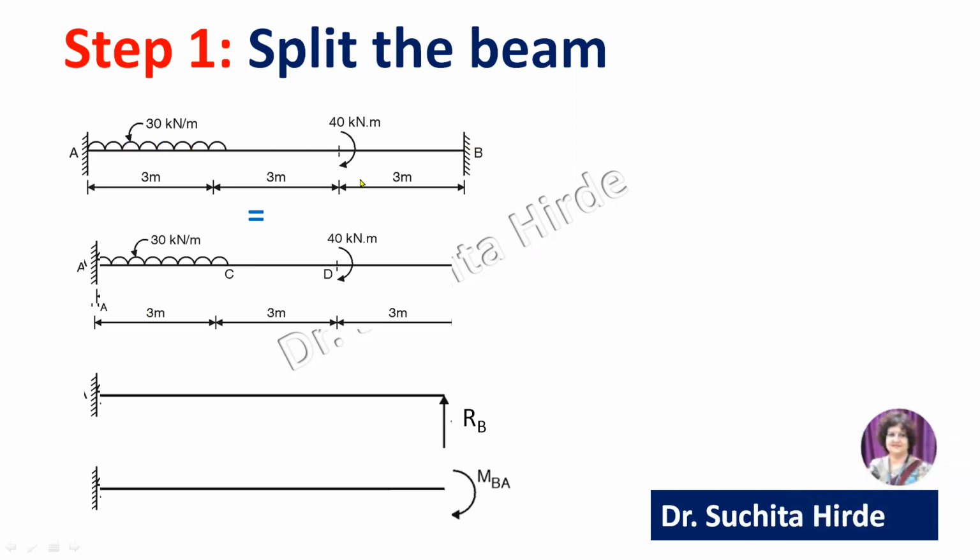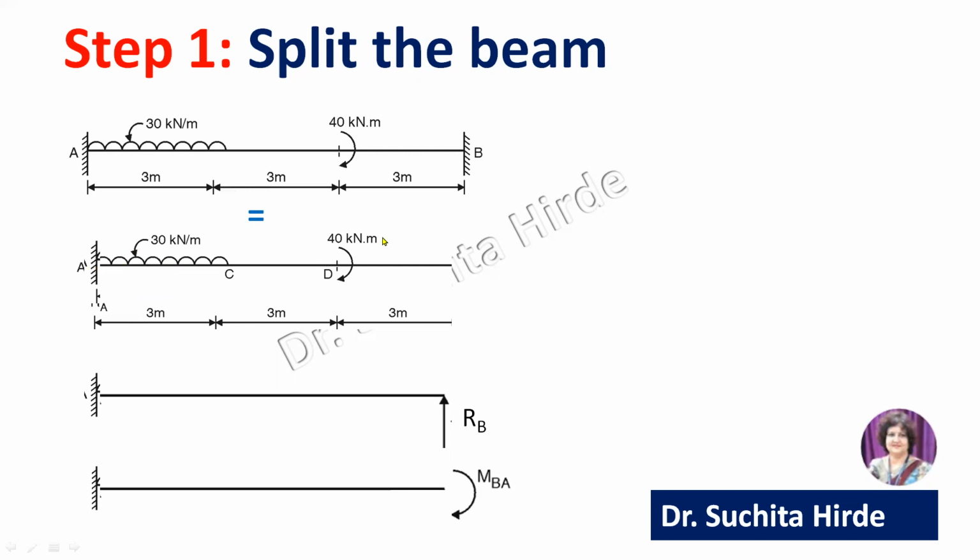Suppose this UDL is on this side; in that case, you prefer to remove the reactions on that side, that is, consider those as redundant reactions. So try to put the UDL in the end portion, that is, near the fixed support.